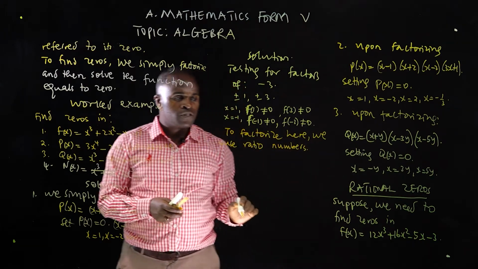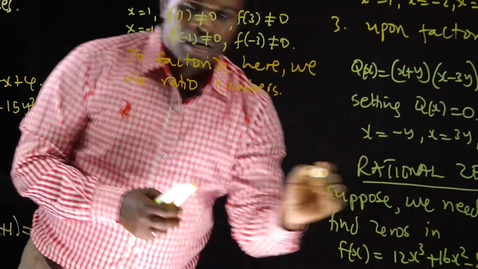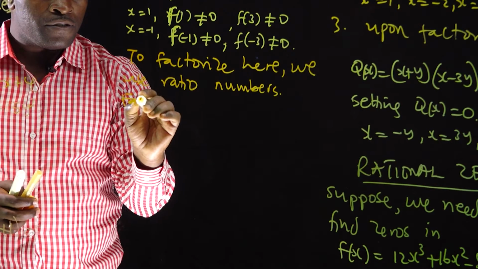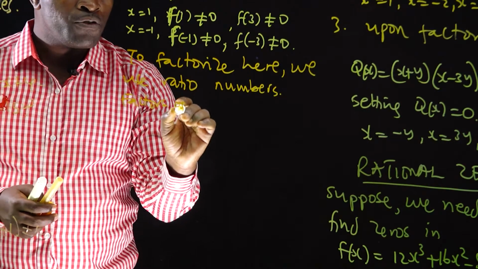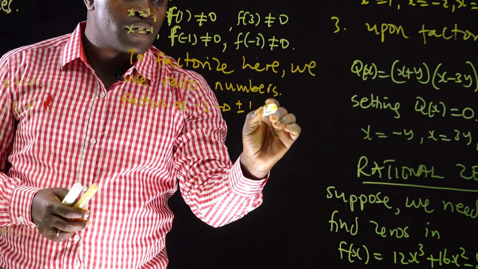We use rational numbers. It means we check all factors of this number, the factors of negative 3, which are plus or minus 1, plus or minus 3.